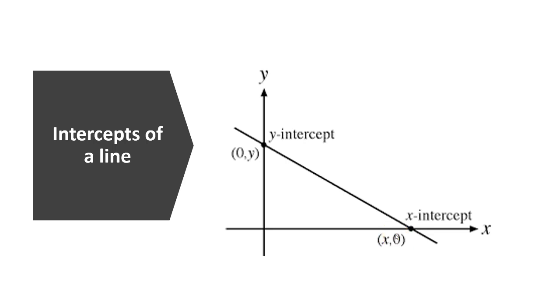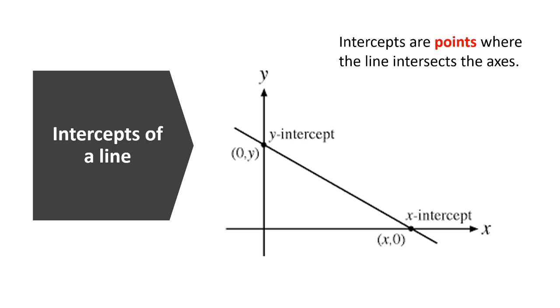In statistics, the y-intercept is important because that is like our initial or starting value. The initial value means: if x, our explanatory variable, is equal to 0, what is the predicted value of y?